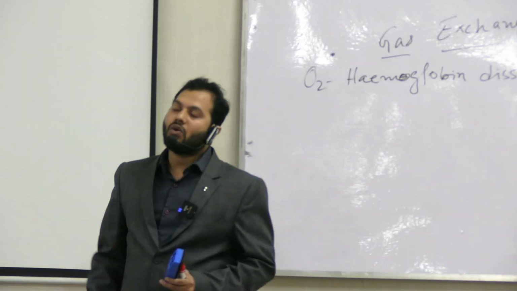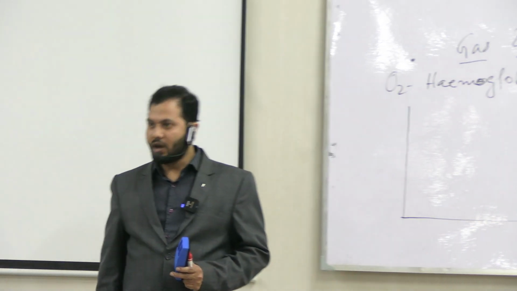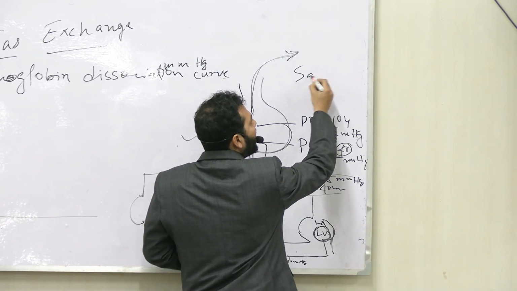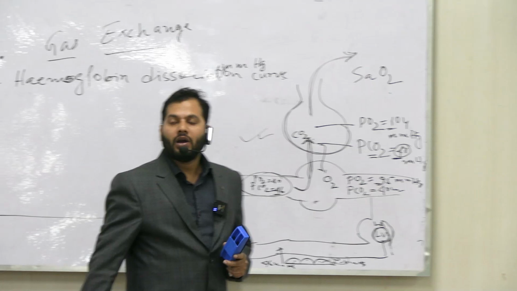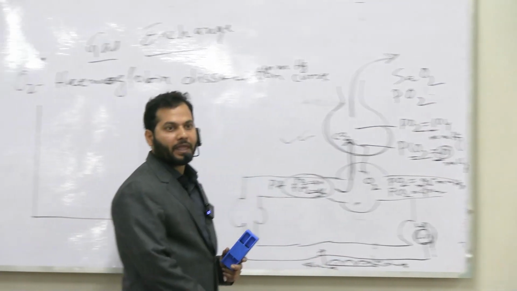It is also known as the oxygen dissociation curve. In the oxygen hemoglobin dissociation curve, as I mentioned, it explains the relationship between the partial pressure of oxygen and the percent saturation of hemoglobin with oxygen, right? The percent saturation of hemoglobin with oxygen is denoted as SaO2, and the partial pressure of oxygen is denoted by PO2, right?